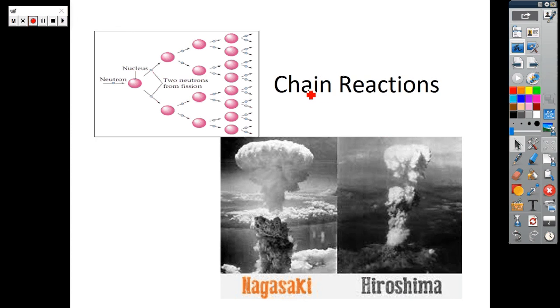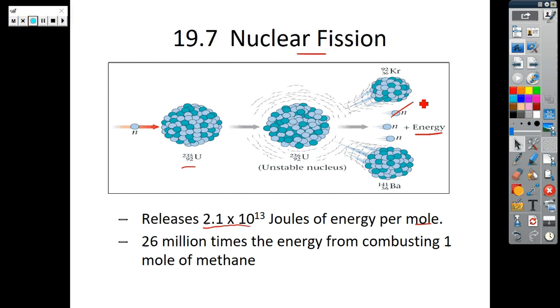Now, a chain reaction can happen with nuclear fission. You can imagine these extra neutrons that are coming off of here. If those extra neutrons were to hit another uranium atom and cause that atom to split, then the reaction would essentially be self-sustaining.